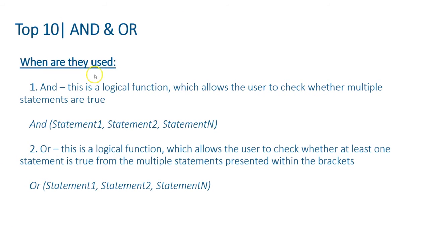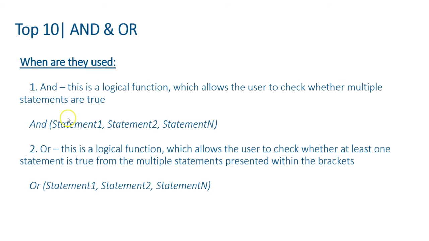These are two logical functions which are very often used, especially in combination with the IF statement formula that we discussed earlier in this course. AND is a logical function which allows you to check whether multiple statements are true.